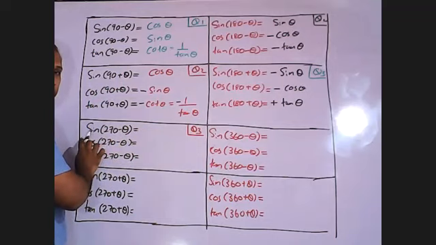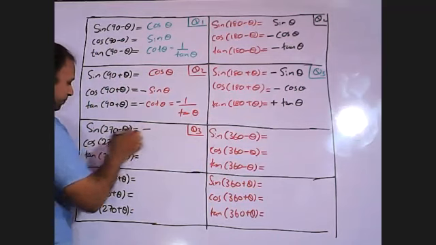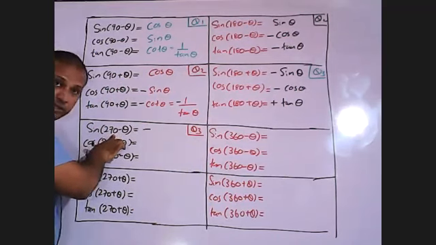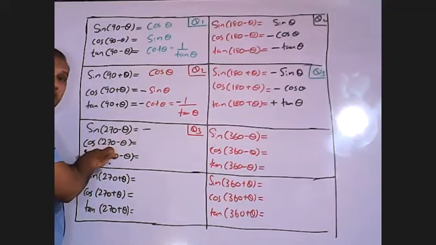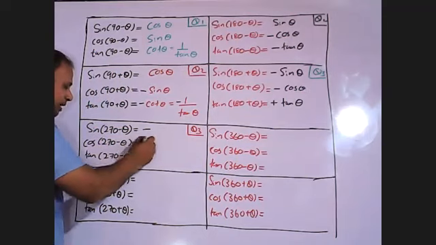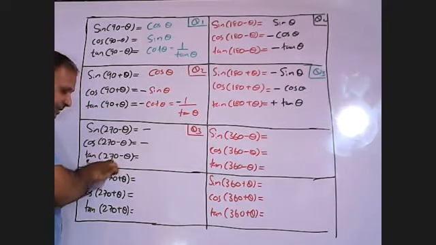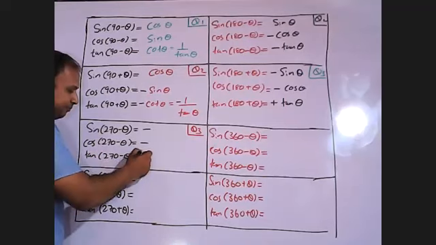Negative, because this belongs to third quadrant. Therefore, cos value of this angle? Negative. Therefore, tan value of this angle is positive.